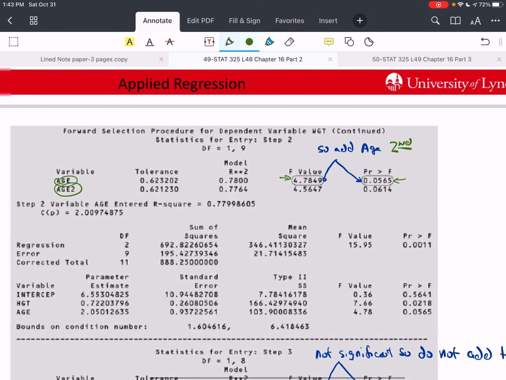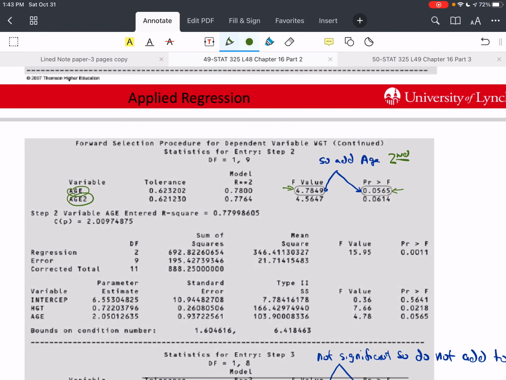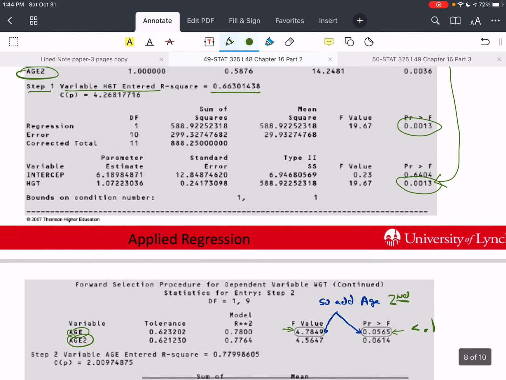Okay, so we'll add age second because this p-value is less than 0.1, and it's smaller than age squared. So this was step 1.